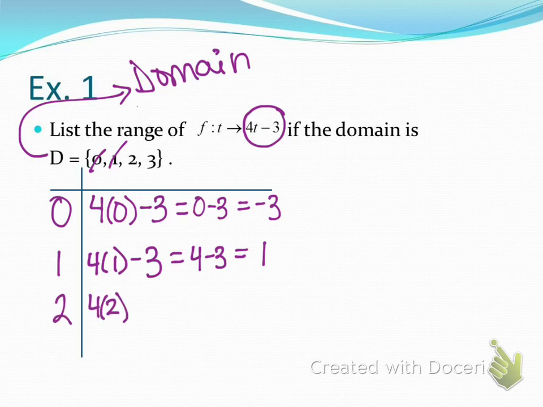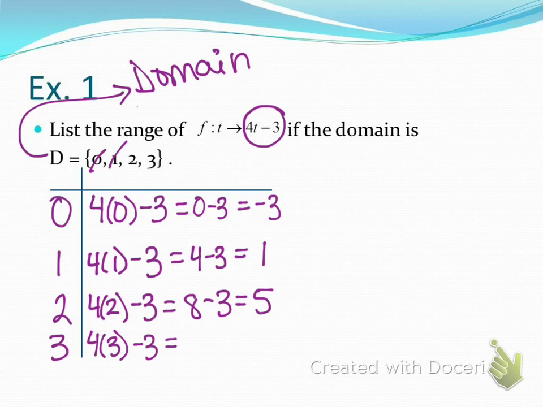We have 4 times 2 minus 3. What's 4 times 2? 8 minus 3 is 5. And last we plug in 3. What is 4 times 3? 12 minus 3 is 9.